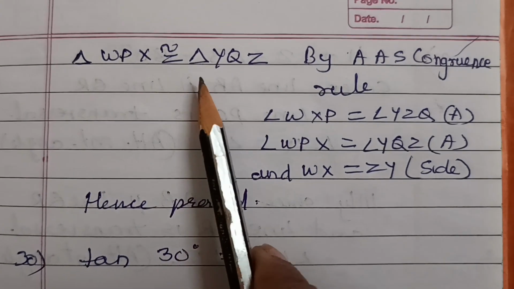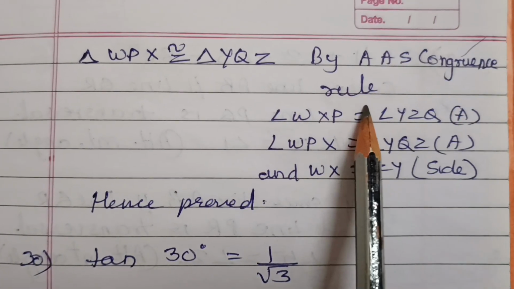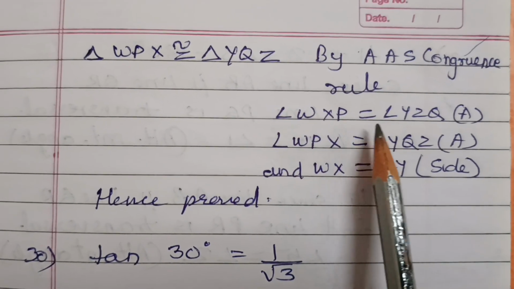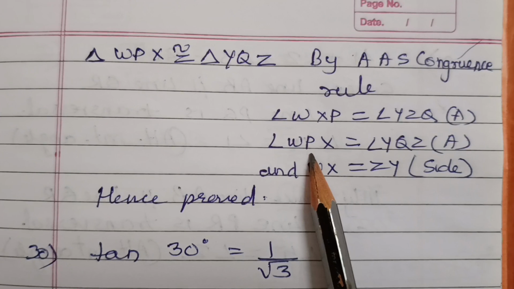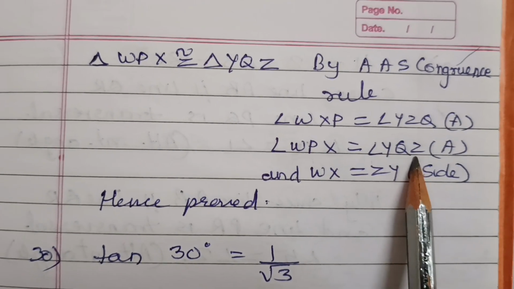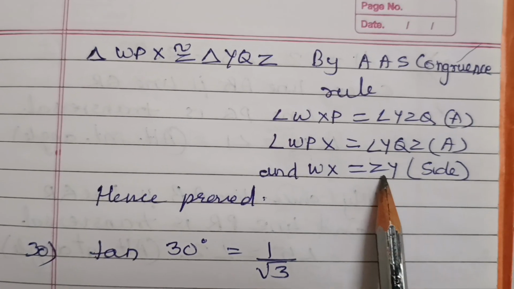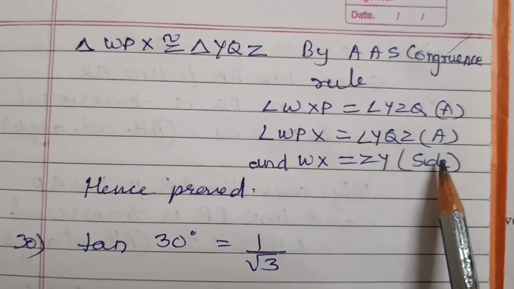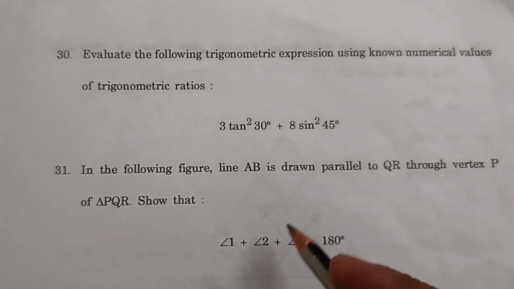Triangle WPX is congruent to triangle YQZ by AAS congruence rule. Since angle WXP is equal to angle YZQ, angle WPX is equal to angle YQZ and WX is equal to ZY other side. So AAS, hence proved.